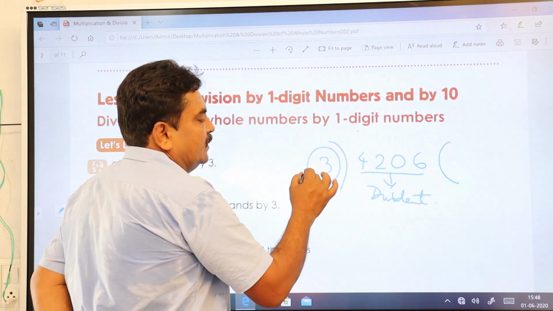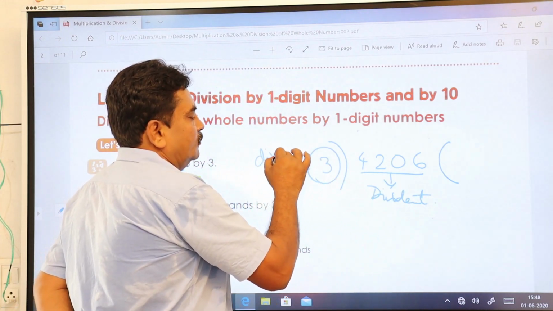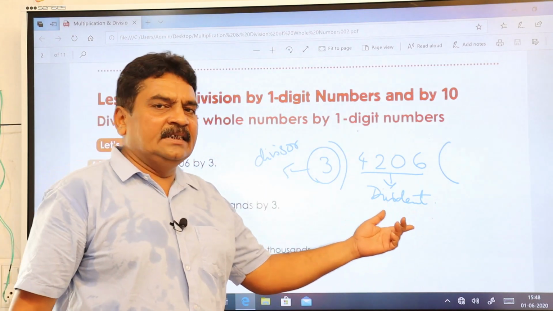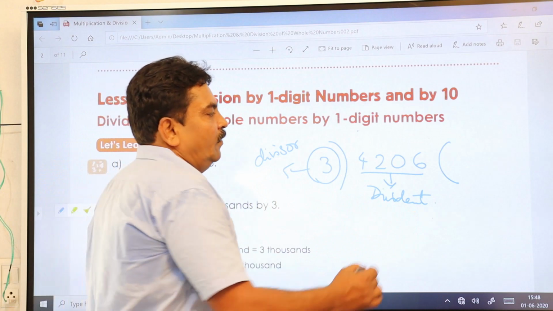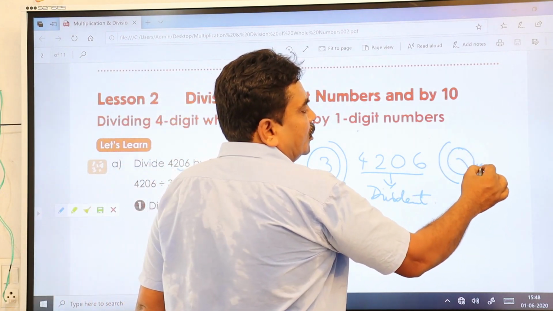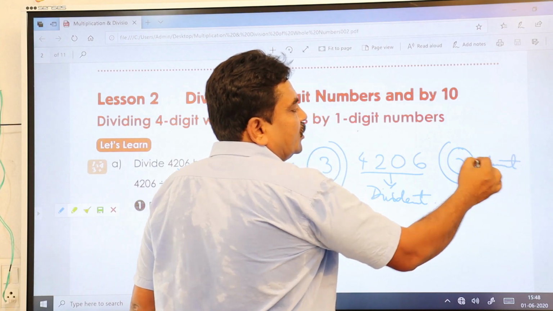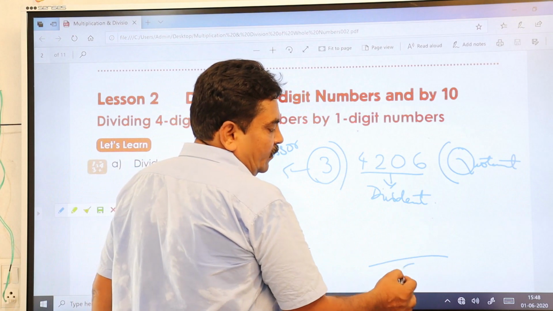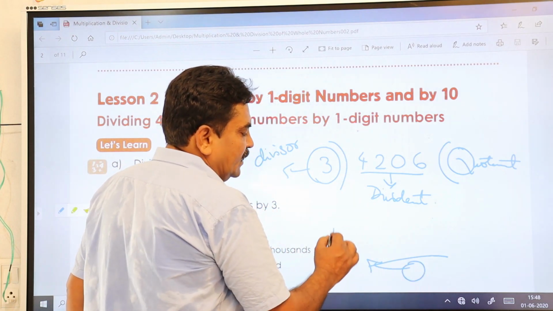This you call it as divisor. This is dividend, this is divisor. Whatever you get here, this value, you call it as quotient. And at the last, whatever it remains, you call it as remainder.